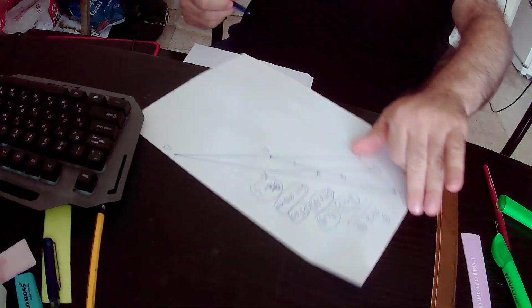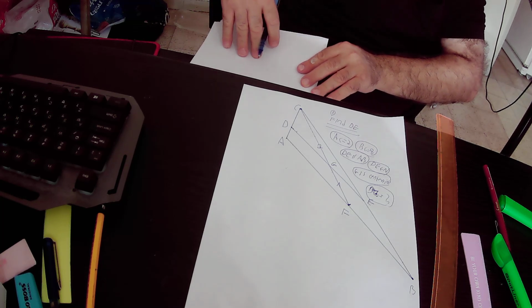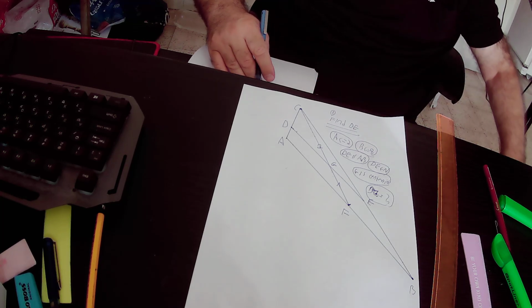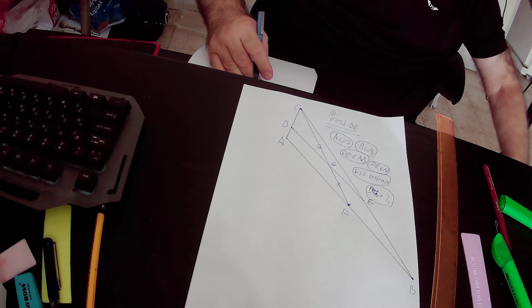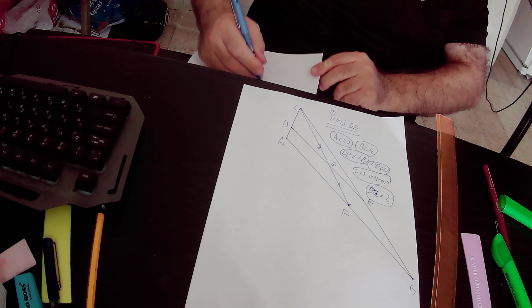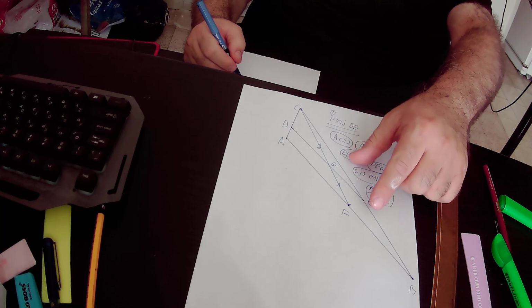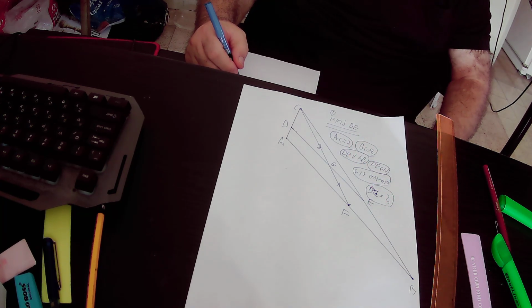Or we can also say that CG is twice as large as GF. That is to say, CG equals 2 times GF.